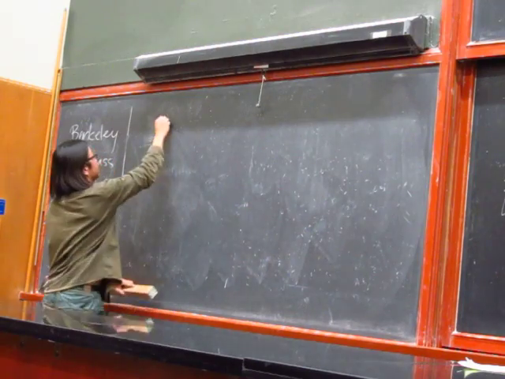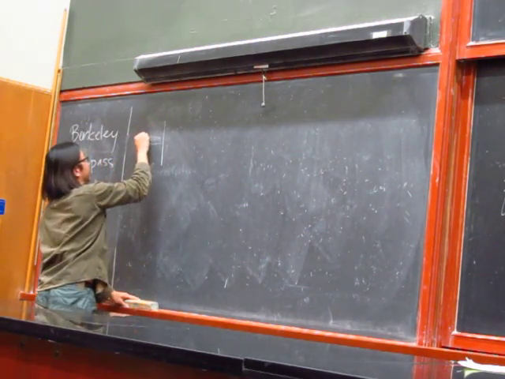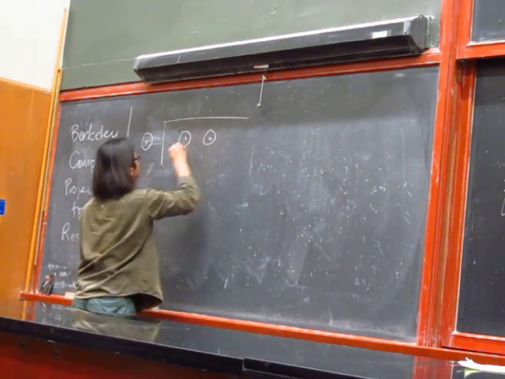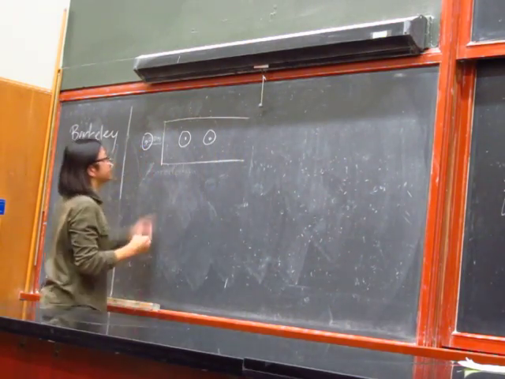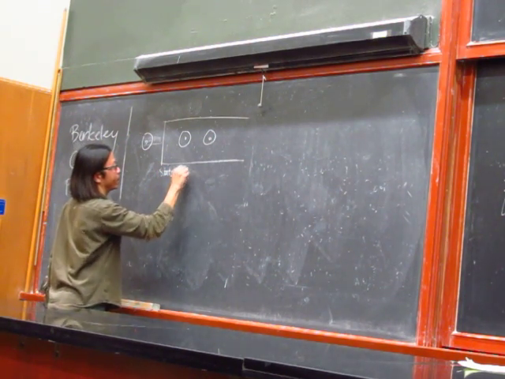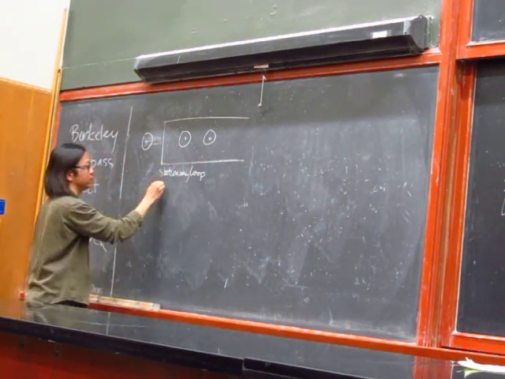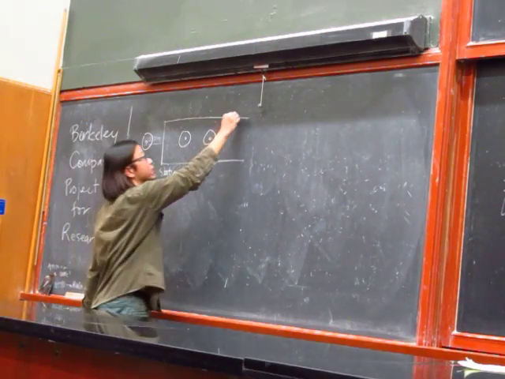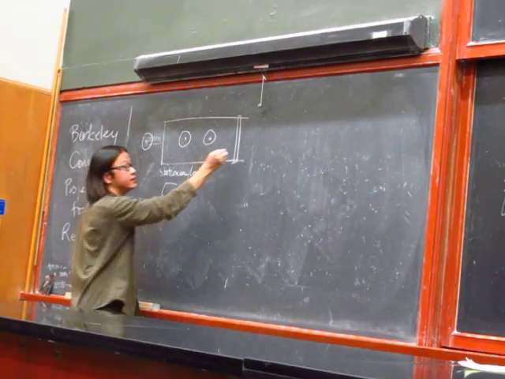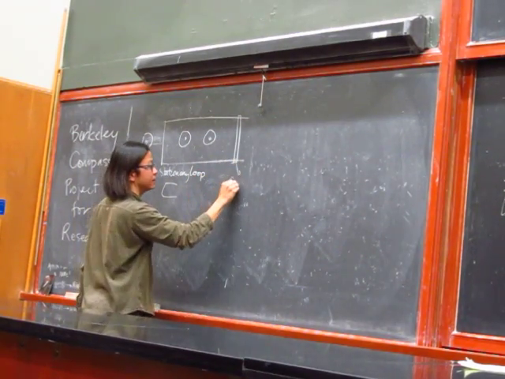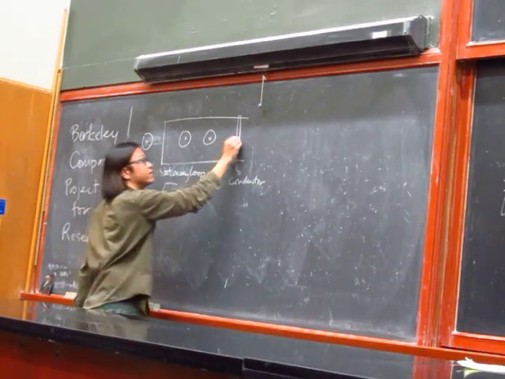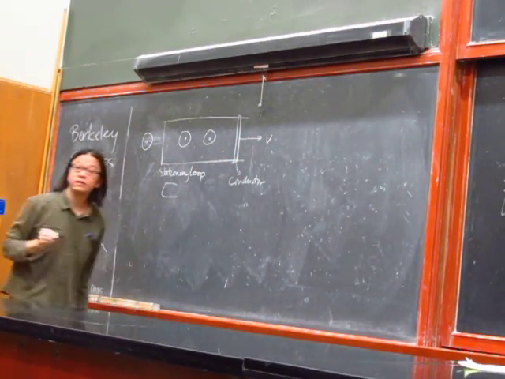If I have a B field everywhere out of the board, and I set up a stationary loop, or a U-shaped thing, and I put a rod here. This is a conductor, everything is a conductor. I give it some velocity v in that direction.